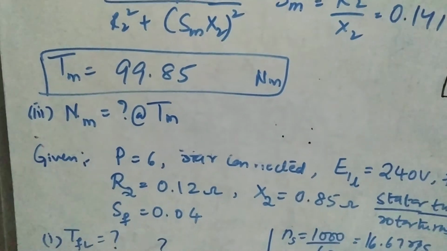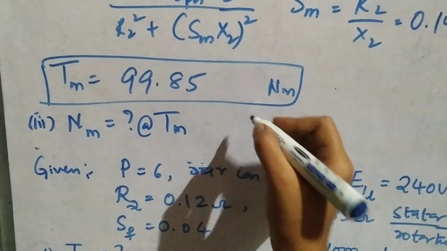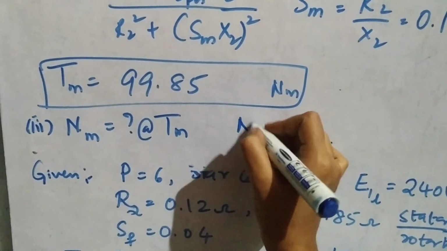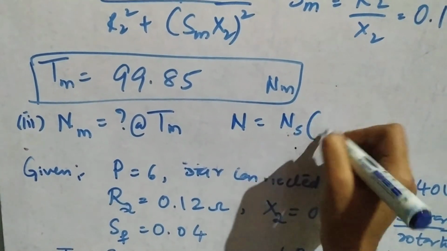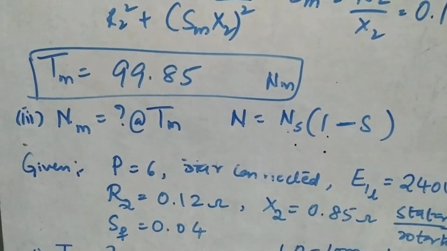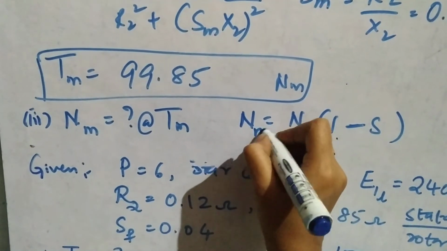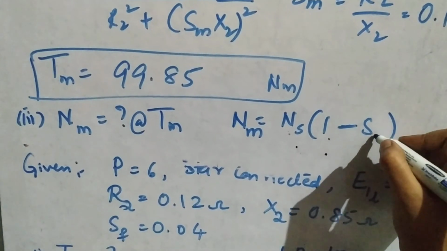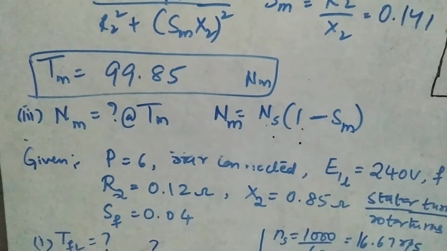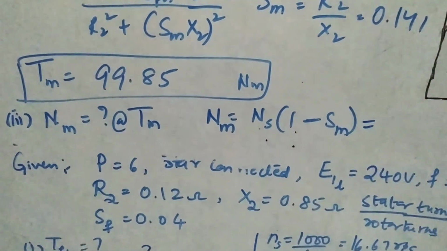We know that in general N is equal to Ns into 1 minus S. Now I want it at maximum torque, so here also I have to change the slip value to the maximum slip. So Sm value you have to take.